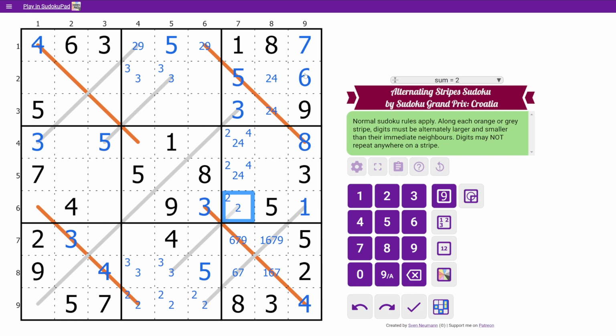What do we got here? 2, 6, 7. 2, 6, 7 goes there. Okay. Can I take any more off the line? I don't believe so.